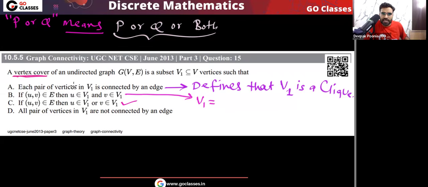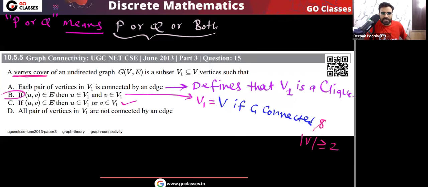In this case, I can say if this graph is, let's assume, connected, then definitely this V1 will be equal to V. Yes or no? V1 will be equal to V if G is connected and the number of vertices is greater than or equal to 2. I hope you understood this point. Very simple, right?